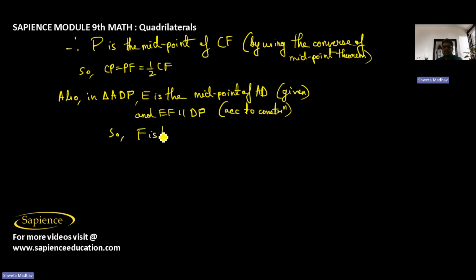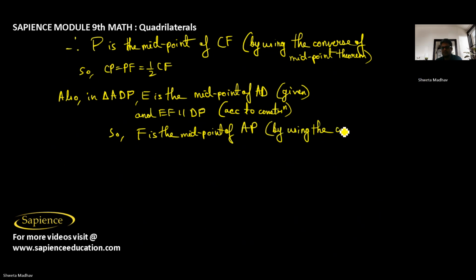F is the midpoint of AP by using the converse of midpoint theorem.